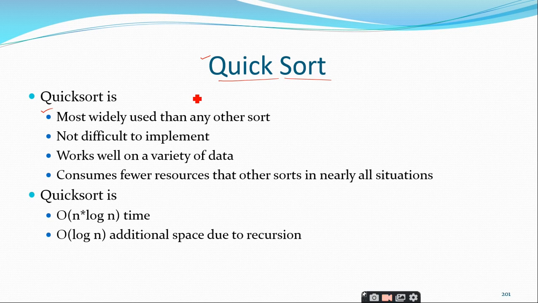Similarly, if you go for the insertion sort, in the previous sessions we have discussed that the insertion sort is efficient when compared to the selection sort and bubble sort. And it is efficient when we have an almost sorted list of elements.